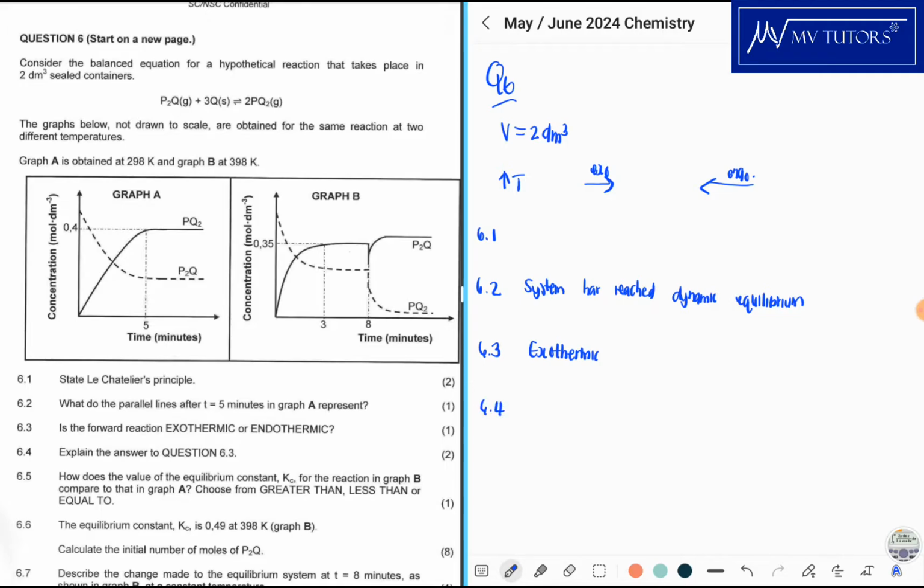We see that with an increase in temperature, the concentration decreased for the forward reaction. So if it decreases for the forward reaction, it means that the reverse reaction is actually favored.